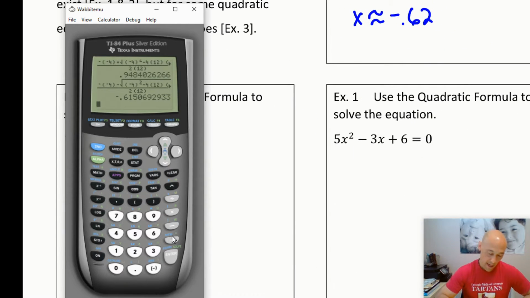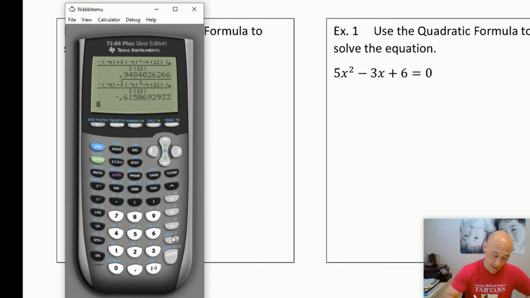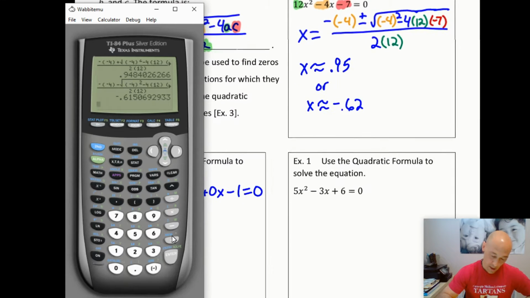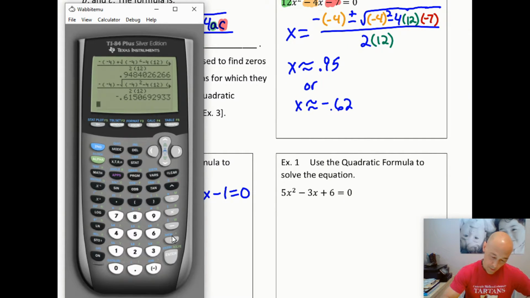All right, example 2 here. Notice there is no b value here. Well, there is. We have 10x squared plus 0x, or minus 0x, it doesn't matter, minus 1 equals 0. So again, I'm going to use my colors here.